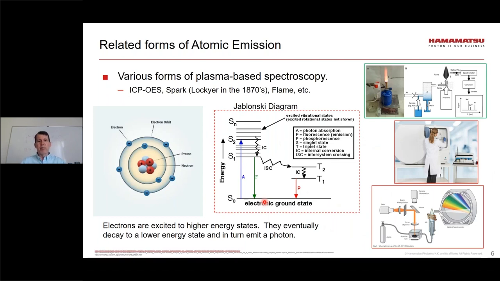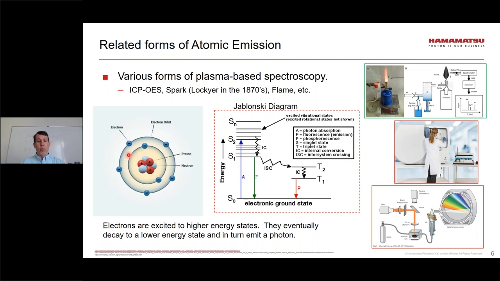I know this is kind of a busy slide, but I wanted to take the time to talk about, in the center, the so-called Jablonski diagram, which is associated to the physical chemistry of the technique. The excitation on the left here, we have a typical illustration of an atom with the protons and neutrons in the center and electrons circling the atom in their outer orbits.